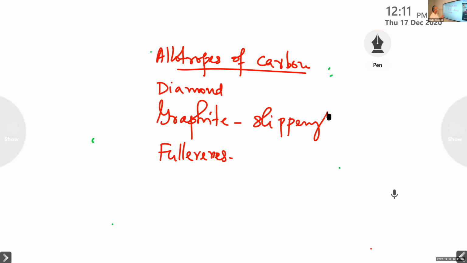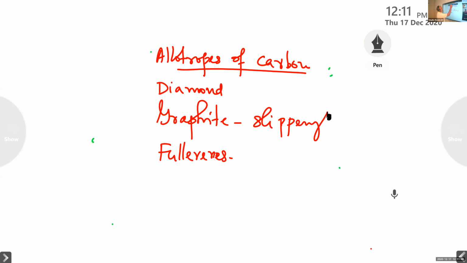Diamond is an insulator of electricity, while graphite is a good conductor of electricity, because in graphite there are free mobile electrons between the layers. So graphite is a good conductor of electricity.